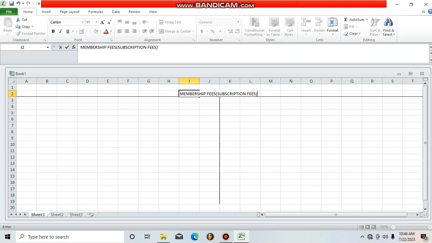What they mean when they say a control account is that it has a credit side, so here we're going to have our credit side, and it also has the debit side. It's an ordinary account like any other account.